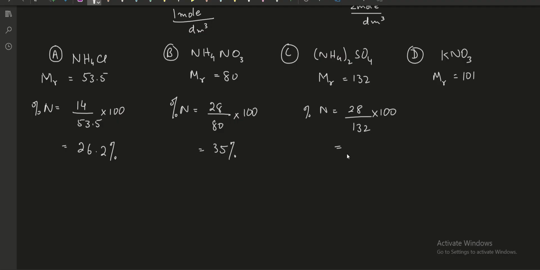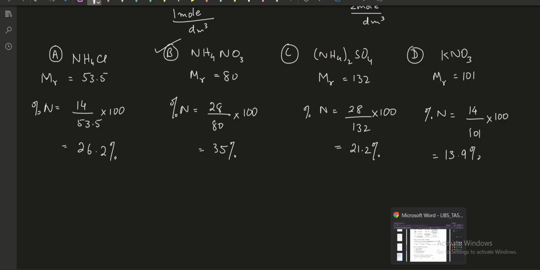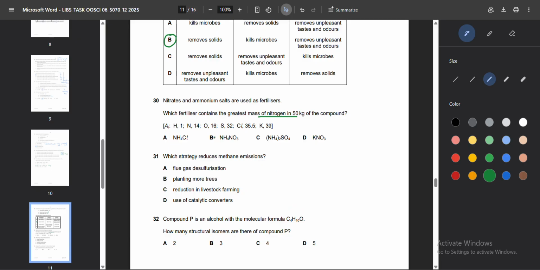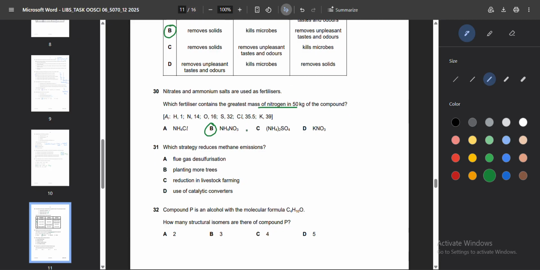Your answer will be 21.2%. And then you have KNO3. There is 1 nitrogen atom, so it is 14 divided by 101 multiplied by 100. So it will make 13.9%. So which is the correct one? Which has more? Option B. So the correct option is B.